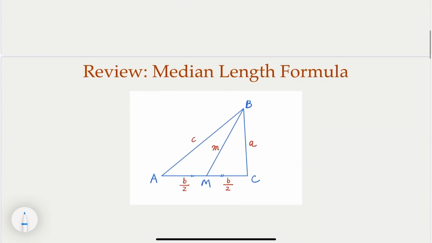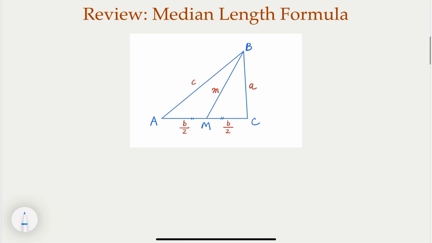The median length formula can be derived from law of cosine. For example, in this diagram, how is this median m related to a, c, and the side length b? Since this is a median line, M is a midpoint. So we apply the law of cosine in the small triangle ABM.